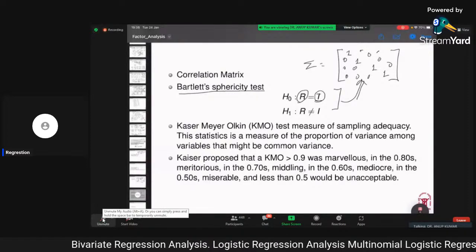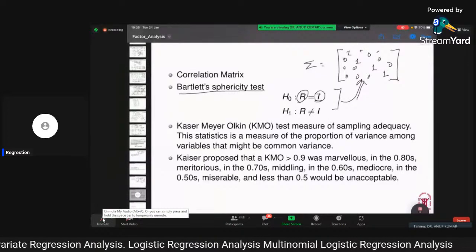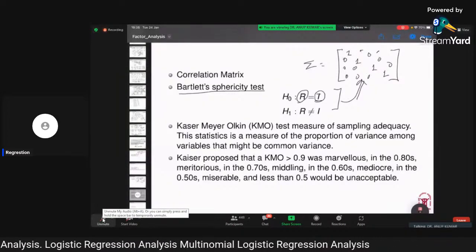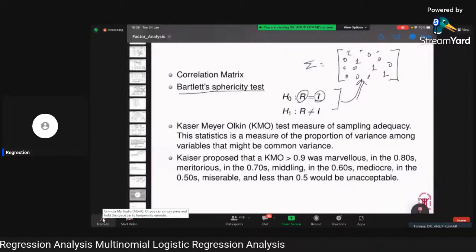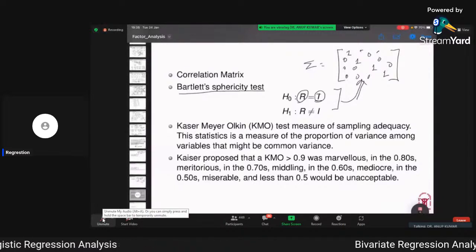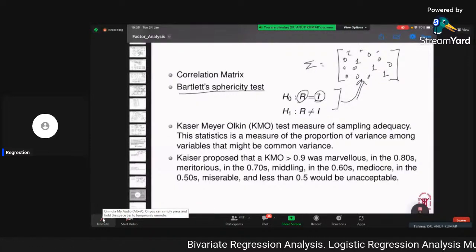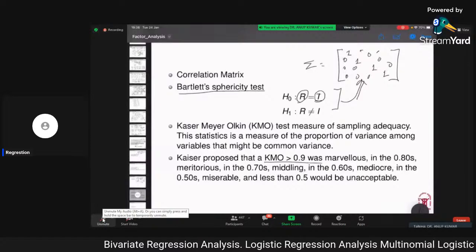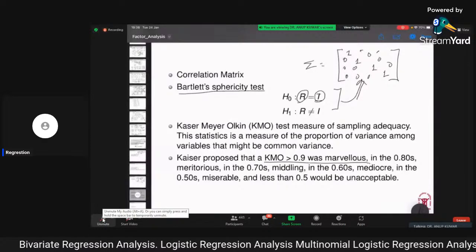The third one is the KMO test, which also measures sampling adequacy. They propose that if the KMO value is more than 0.9, it is marvelous for doing factor analysis.